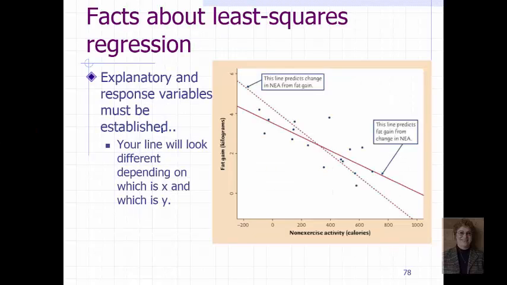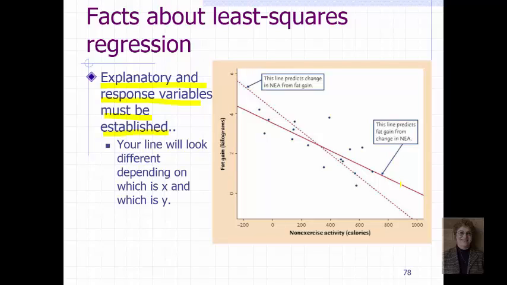Now let's talk about some of these lines. This is very important: the explanatory variable and the response variable need to be established, because once you change them, your line changes. So this is predicting fat gain from the change in non-exercise activity.